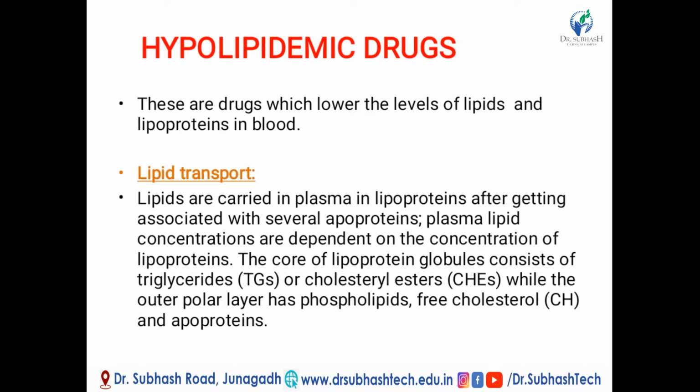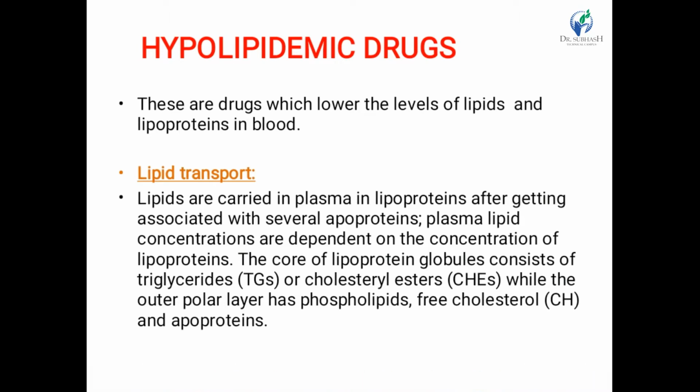Now, the core of lipoprotein globules consists of triglycerides or cholesterol esters, while the outer polar layer has phospholipids, free cholesterol and apoprotein, right? So, inner layer of lipoprotein will be of triglyceride or cholesterol esters, while the outer polar layer will be of phospholipids, free cholesterol and apoproteins.